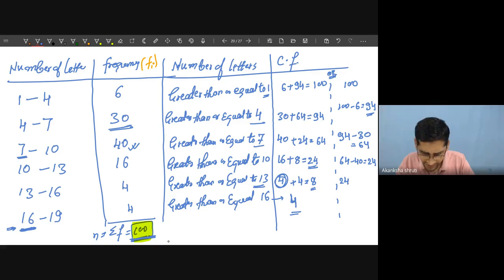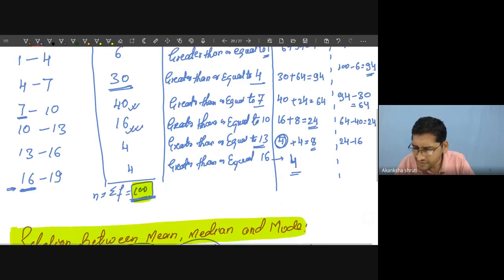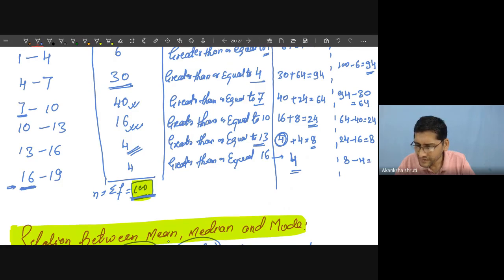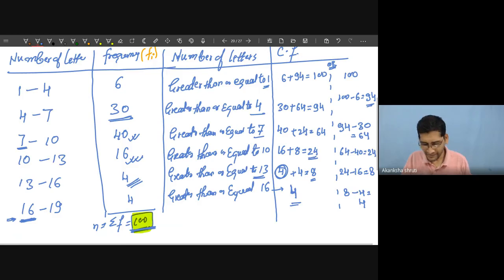In this 24, we need to subtract the 16. Minus 16, you will get the same 8. Next one, from this 8, you need to subtract the other 4. It becomes 4. This is the last one. So this way we are getting the same numbers.